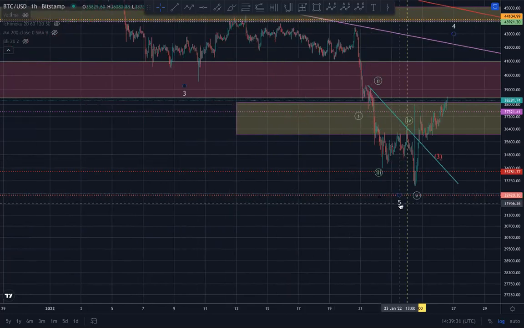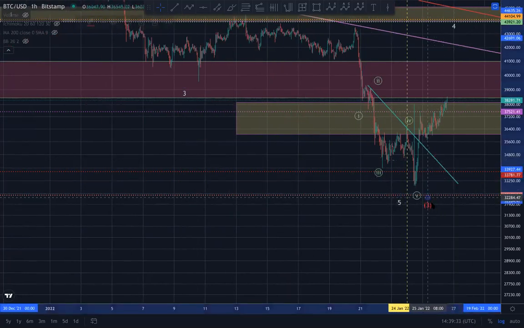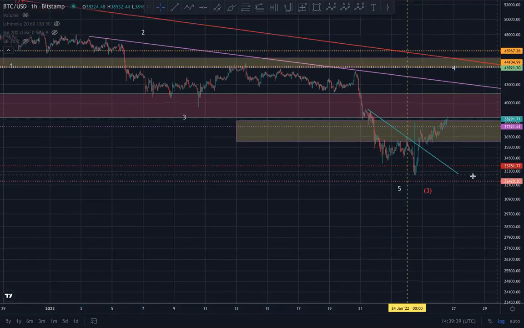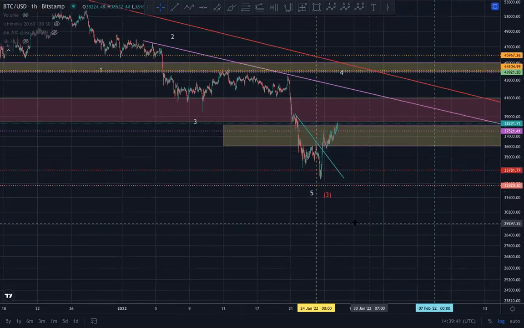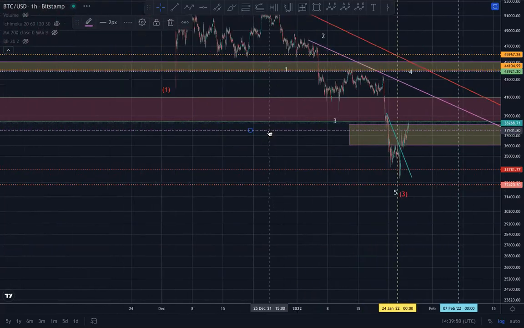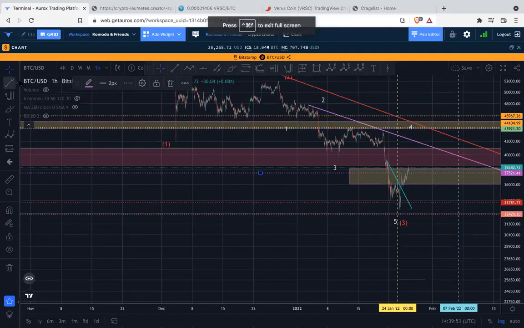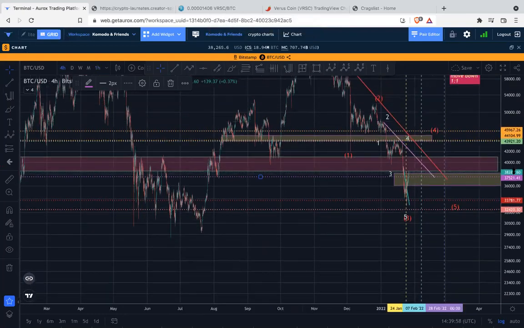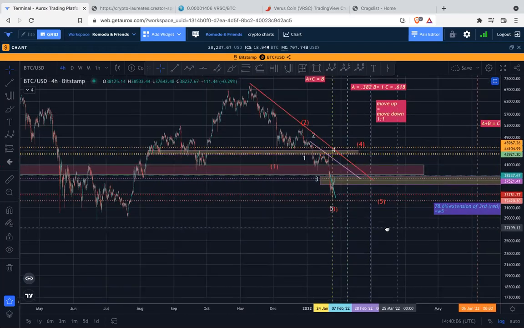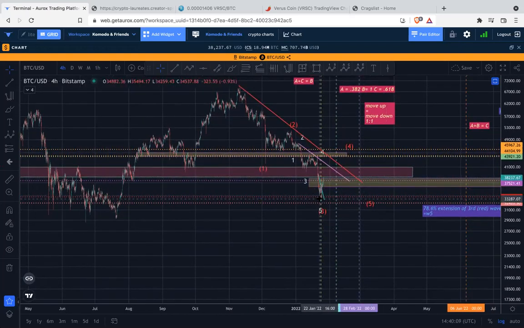So there's a really good chance that we are done with the 5th wave of this 3rd wave. But on a certain level, it brings some questions into play, because in the previous video, I was talking about a nice 61.8% level around 38,000, and 37.5 is a nice 78.6% retracement of the bigger degree move, from the lows here for the beginning of the potential B wave, to the top of the potential B wave, down to these lows here.